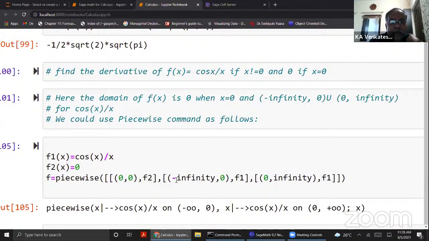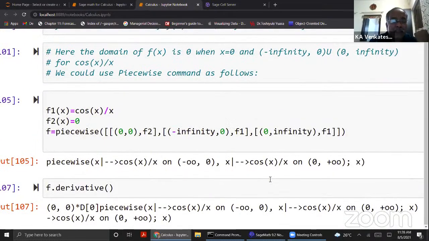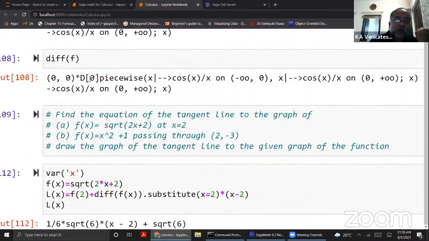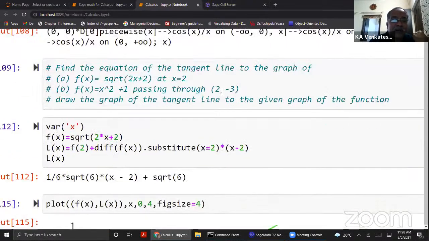Except 0, at all other places cos x by x is defined. So minus infinity to 0, f1, and 0 to infinity, f1, union of this. So these 2 intervals, you are defining. The only syntax you're supposed to know is piecewise. Then if you put f derivative, you will get this one, or you can put differential of f directly also, you can do that also, right?